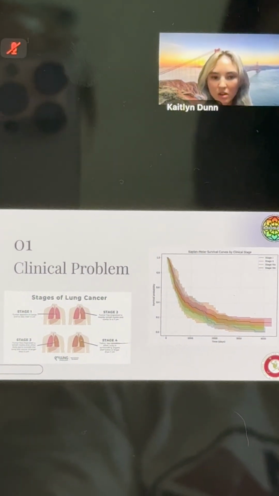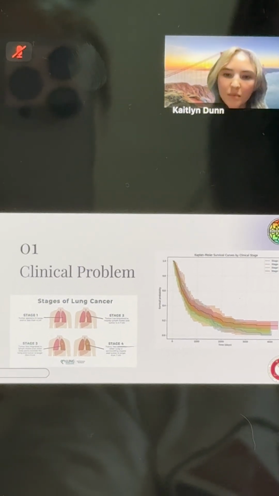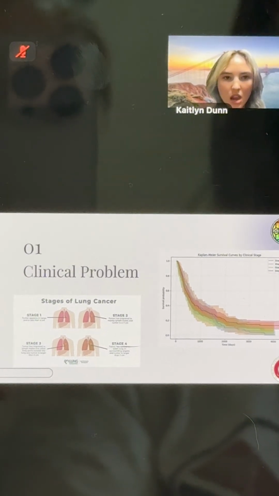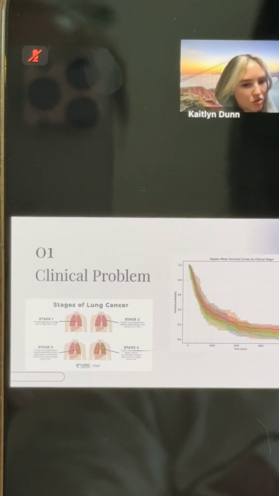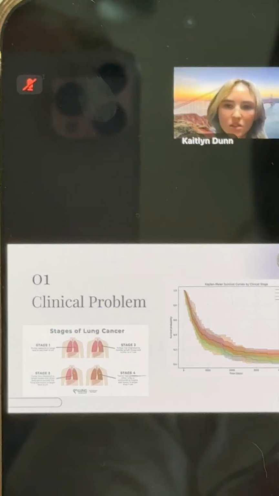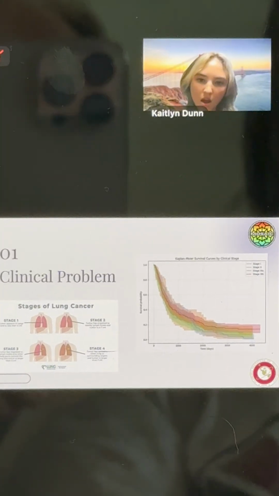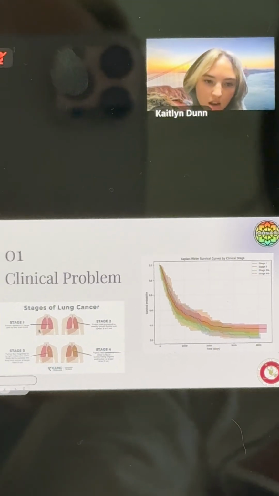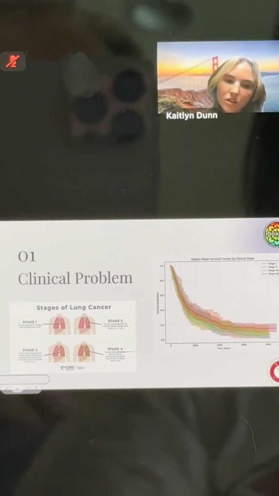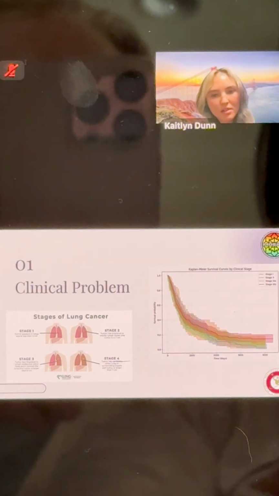So the main clinical problem I'm going to be addressing is trying to find a way to capture patient risk. Current staging of lung cancer is done using an anatomical stage descriptor. You have stage 1, stage 2, stage 3, stage 4, and these are based off of tumor, node, and metastasis criteria. Tumor staging is determined by how big the tumor is, and you get different degrees of stages based off of how large that tumor is.